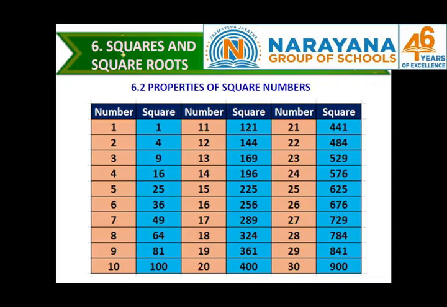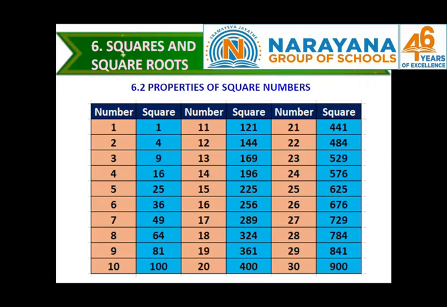If we check all these squares, the numbers end with the digits 1, 4, 5, 6, 9 and 0. So no number ends with 2, no number ends with 3, no number ends with 7, and no number ends with 8.